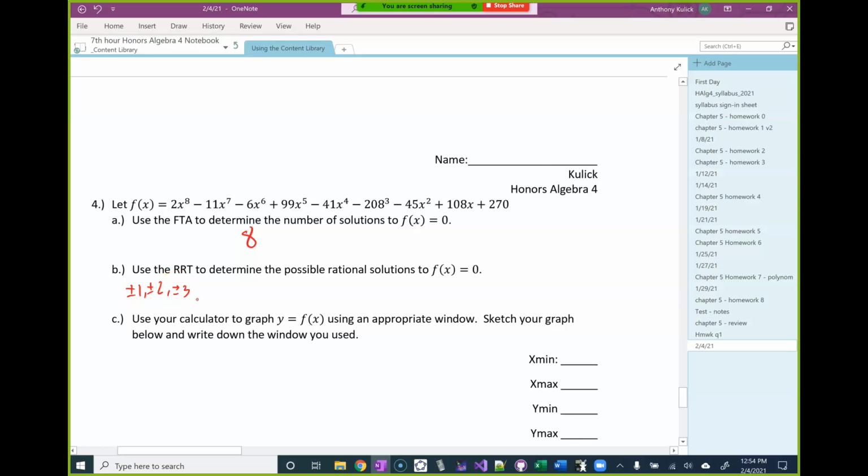Next one I think should be 27. And then we have 45, I think. And then, let's see, 54.